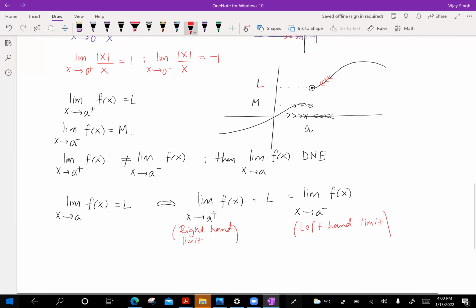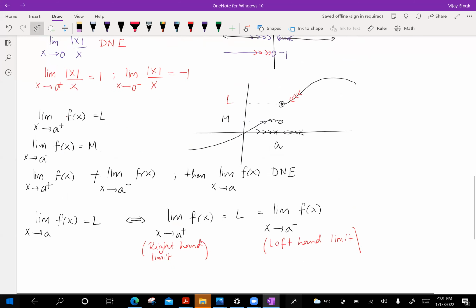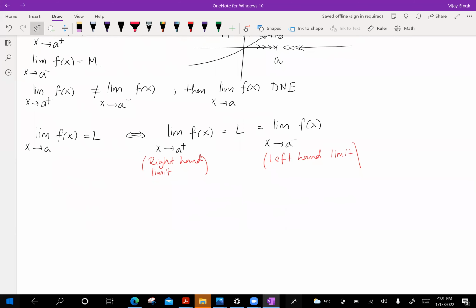So this is the idea behind the limit. Okay, so left hand limit and the right hand limit, right?